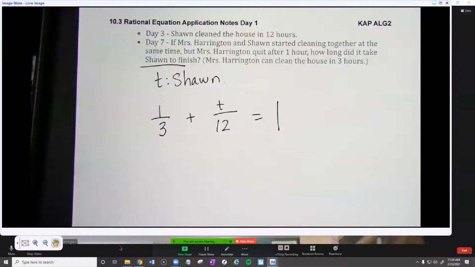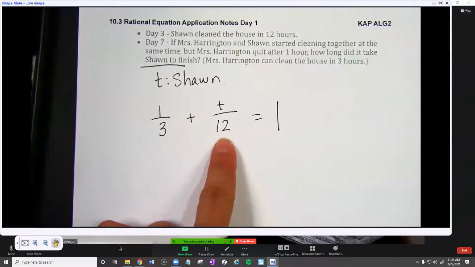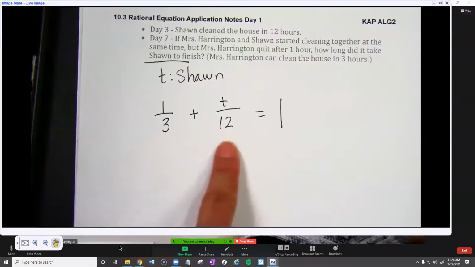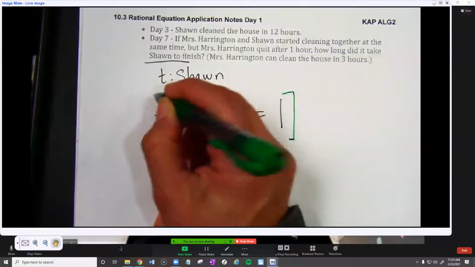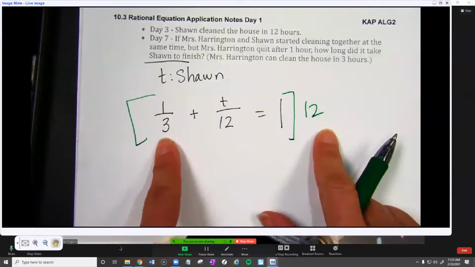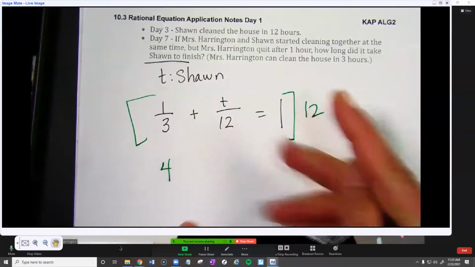Okay, so you could write 2/12 equals 2/3 because that was his part. I'm just going to go ahead and multiply by the LCM. So I'm going to multiply by 12 here. So we're going to be doing 12 divided by 3, which is just a 4.